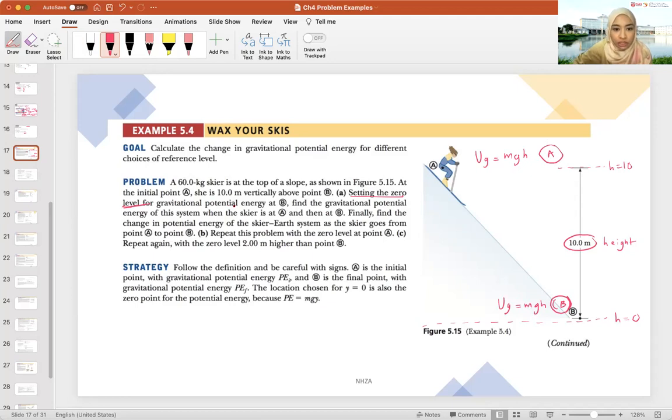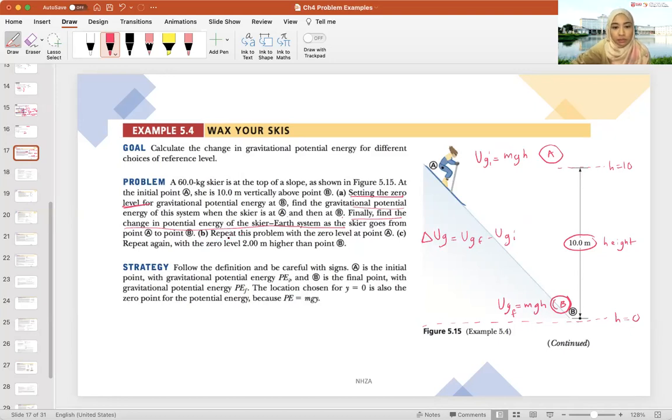Find the gravitational potential energy of the system when the skier is at A and then at B. Finally, find the change in potential energy of the skier Earth system as the skier goes from point A to point B. So it asks us to find the change in UG. So this is our UG initial, this is our UG final, and it's asking us to find the change in UG, which is UG final minus UG initial.